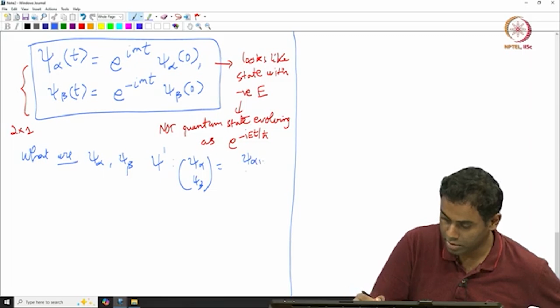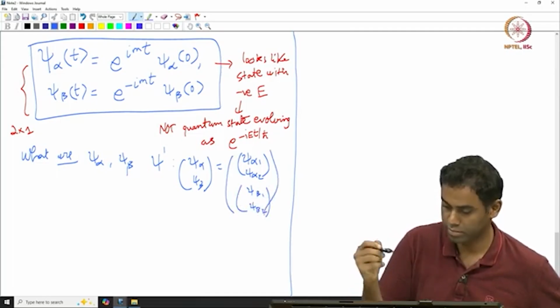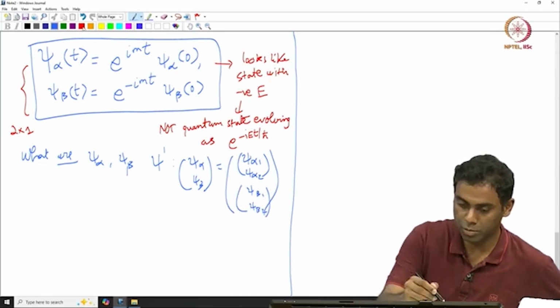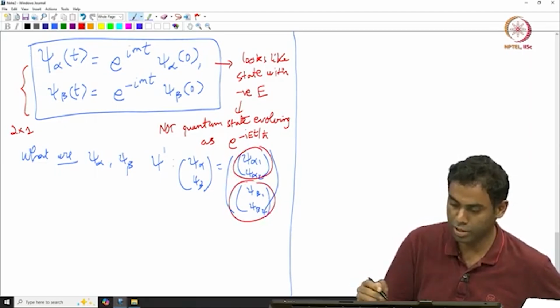Literally, there is a spinor sitting here and a spinor sitting here, literally this is what it is. So what is this object? Why do they behave like this?